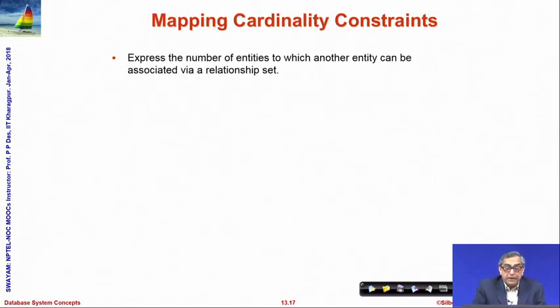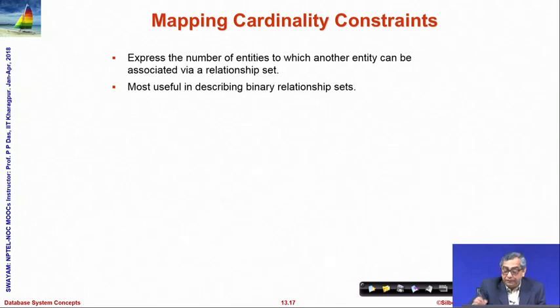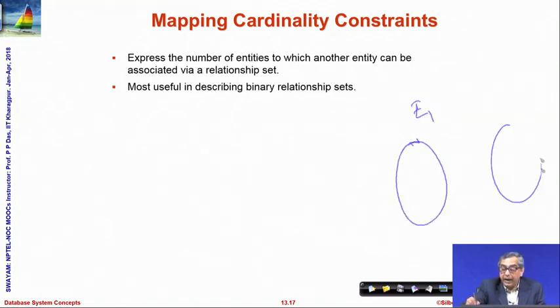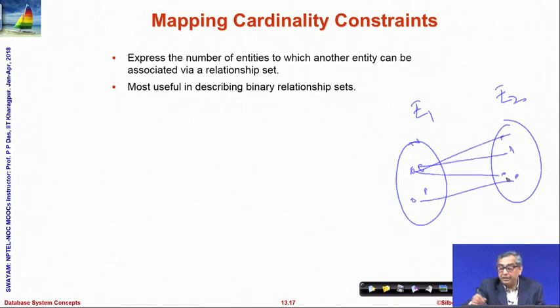There are constraints in terms of the cardinality of the relationship. The cardinality basically talks of when I have an entity set E1 and an entity set E2, there are different entities in them, and I have different associations between them. Then the question is, how many of the entities of one entity set are related to how many of the entities of the other entity set.